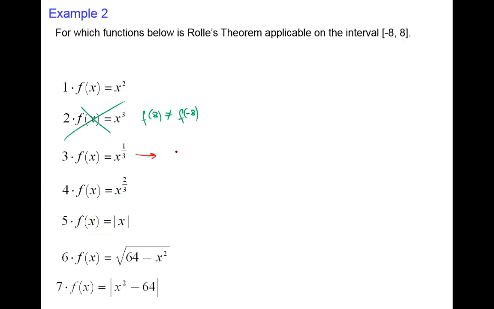But even with cube roots, actually, I would like to draw this function. Hopefully we know this is one of the functions that we have to know. Cube root looks like that. Yeah, it's just the inverse of x cubed. And we remember the function x cubed has a horizontal tangent at 0. Yes, Taran, thank you.